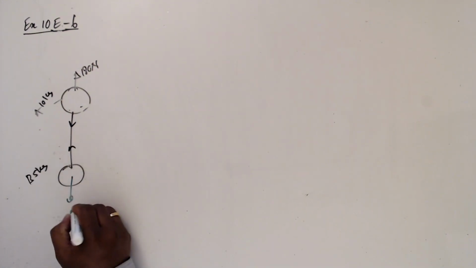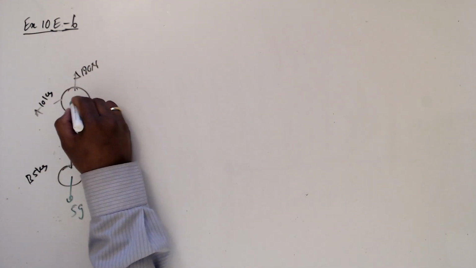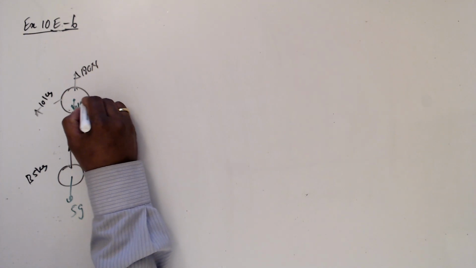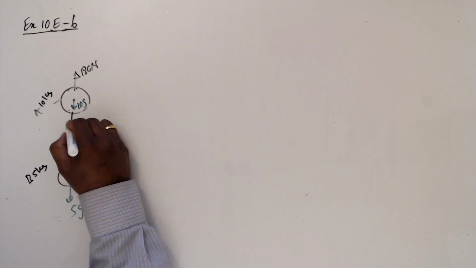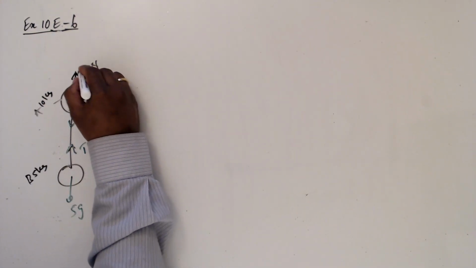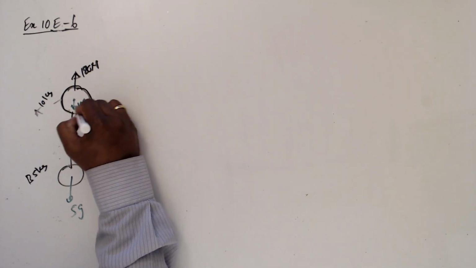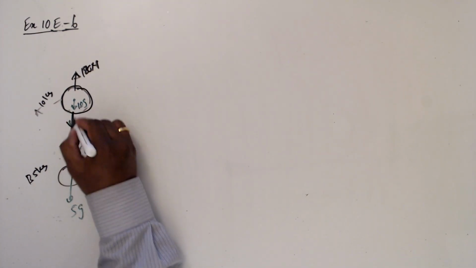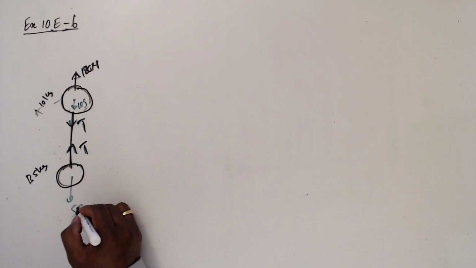So this is 5g, and this is going to be 10g. So this is T and T, and the 180 Newton force upward, and 5g downwards.